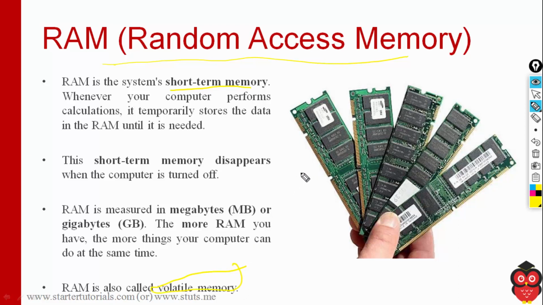Why we call it like that is because whenever the power goes off, the entire data available in the RAM will be wiped off. That means when the power comes back, you can't access the previous data. So it is a temporary memory. The units of measurement for RAM are megabytes or gigabytes, or you have other measurements like terabytes, petabytes, etc.